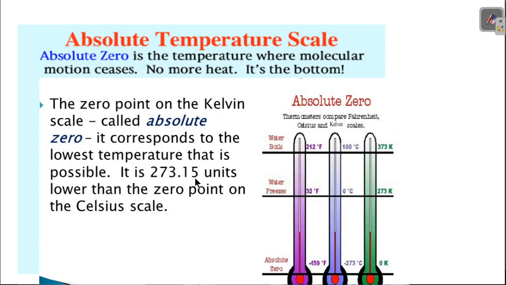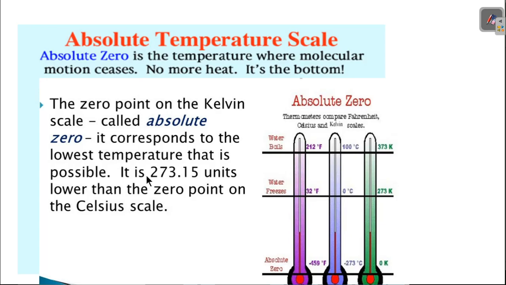When we were changing from one prefix to another in the previous module, in 1 meter we had 100 centimeters, so that 100 was precise and you could have as many significant figures as you wanted. When you are using the equations I'm going to give you next to change from Celsius into Kelvin, this number is not infinitely precise. This one has 1, 2, 3, 4, 5 significant figures, or it ends in the tenth position if you're doing addition or subtraction with significant figures.